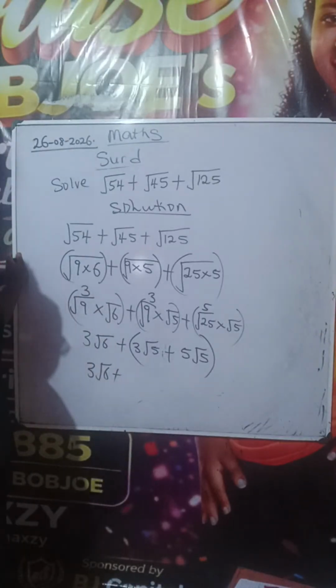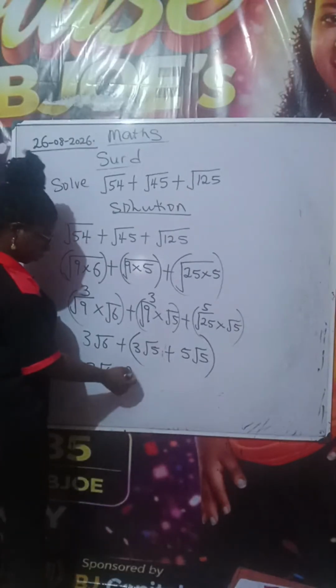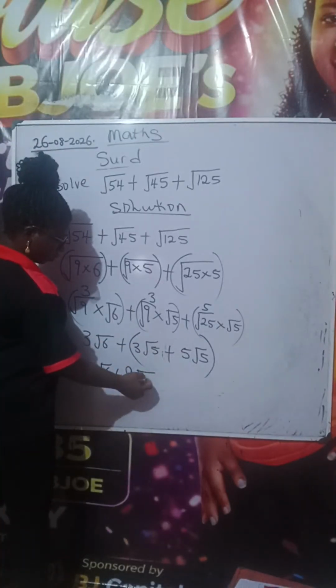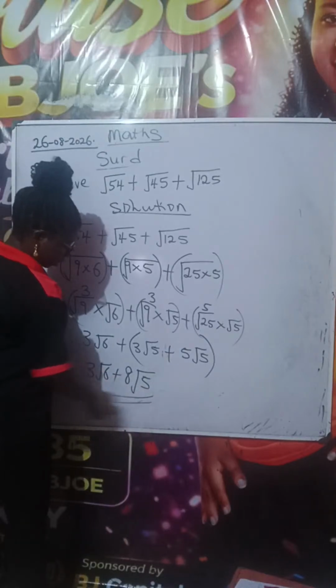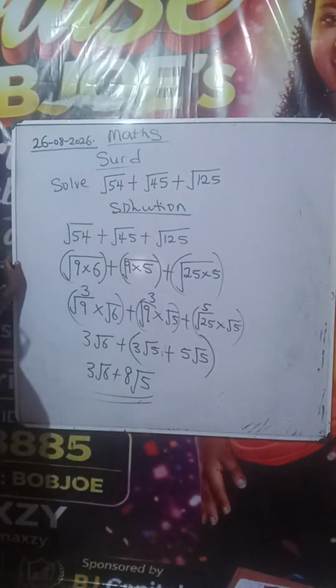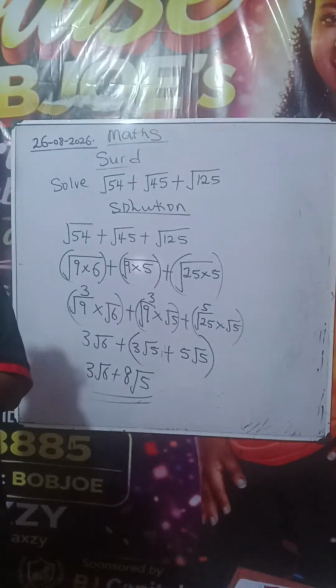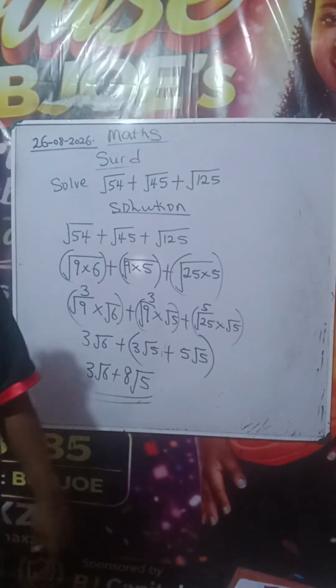So 3 plus 5, what do we have? We have 8 root 5. And that is the answer, because we can't add it. 5 and 6, you cannot even make it to have the same root, so it's not possible.